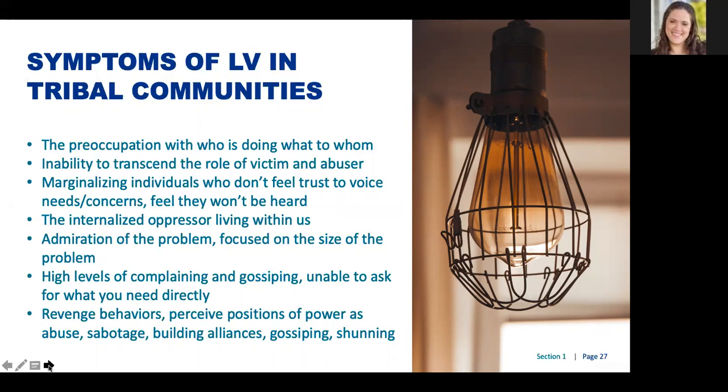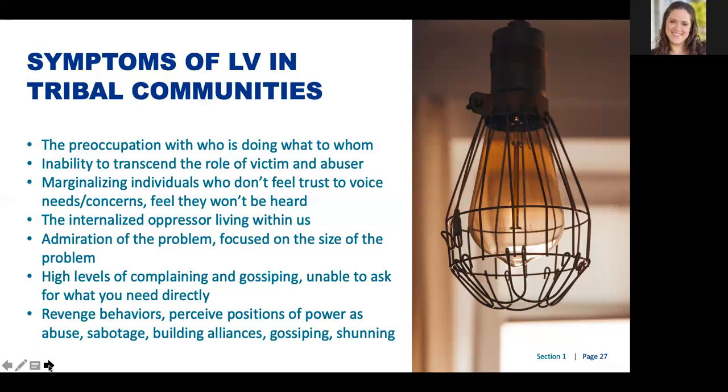Another comment is about admiring the problem. I know very often we can be in public meetings in our tribal communities, and our tribal leaders sometimes, or our elders, will start talking about the problem, about how many suicides, what are the needs that we have, instead of trying to focus on the solutions and talking about what that could look like.